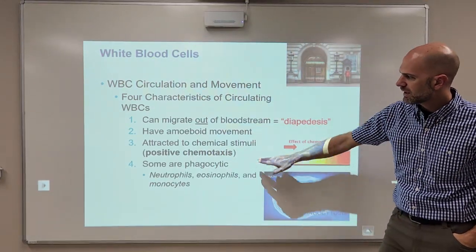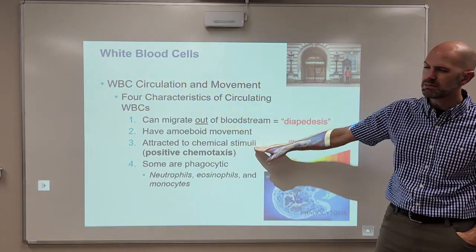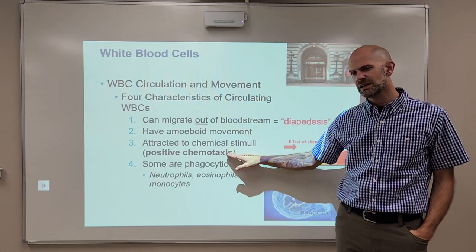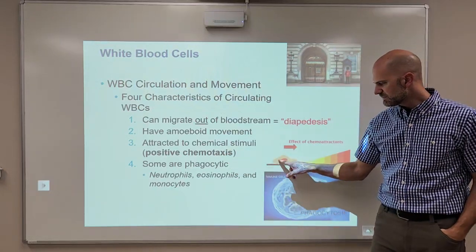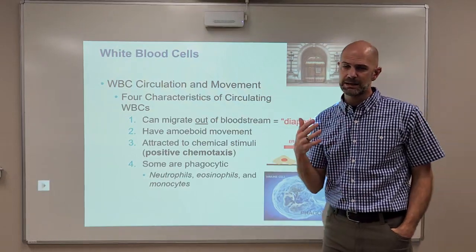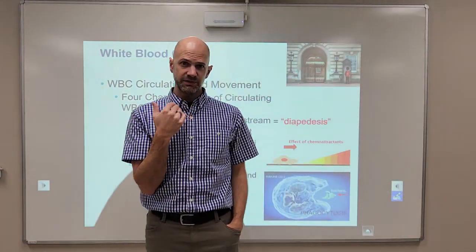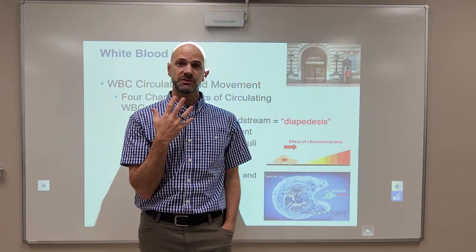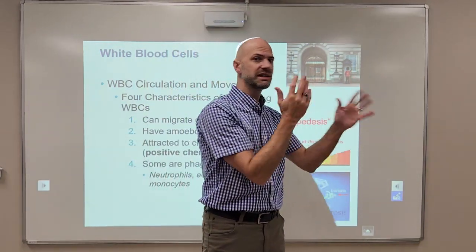Number 3, they're attracted to chemical stimuli like chemical hormones, which we call positive chemotaxis. Think about this cell being attracted to some stimulus. Guys, if you smell a lady's perfume, you're like, wow, that smells great, and you're attracted toward it: where's that smell coming from?